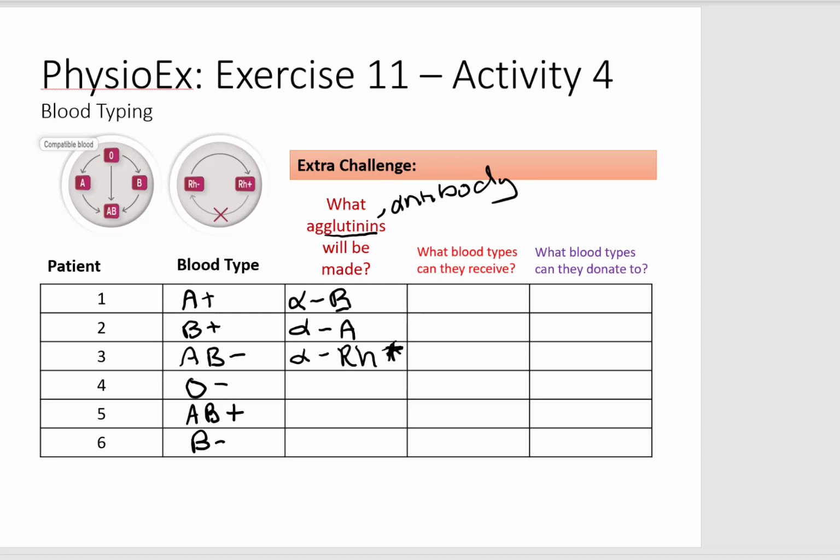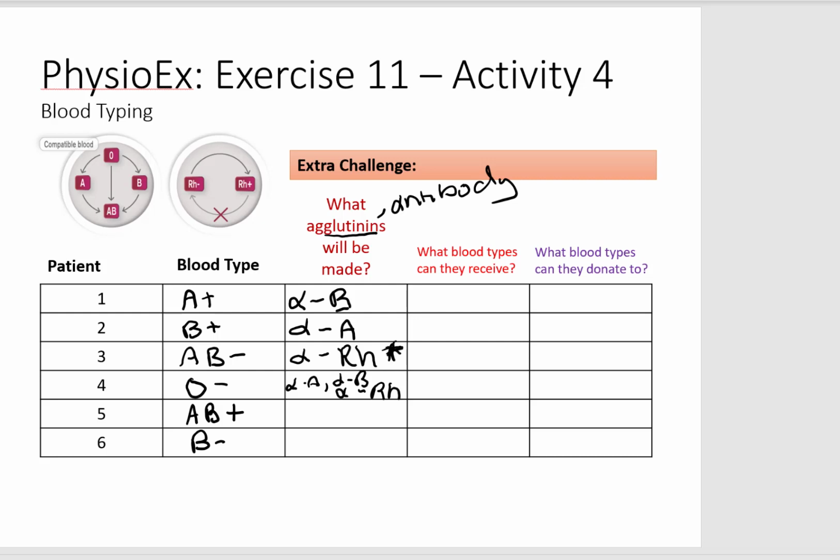What about the O negative patient? What antibodies will they have? They have both anti-A and anti-B, you are correct, but they would also make antibodies against RH positive, so they would make anti-RH antibody. Yes, they make the antibody against the RH factor.